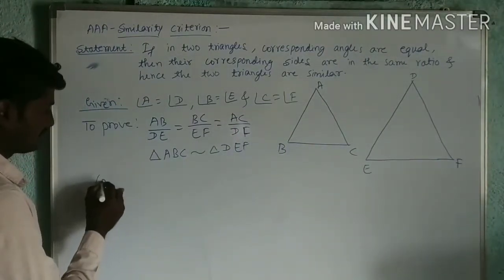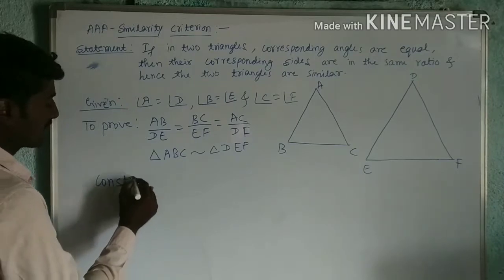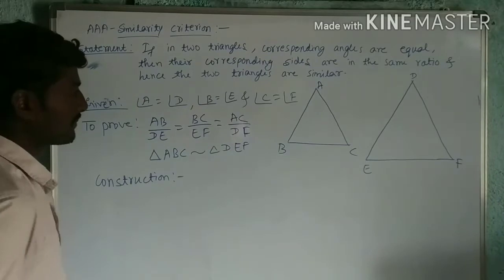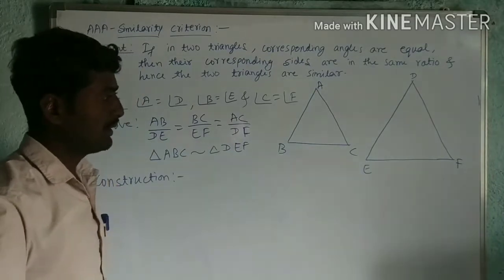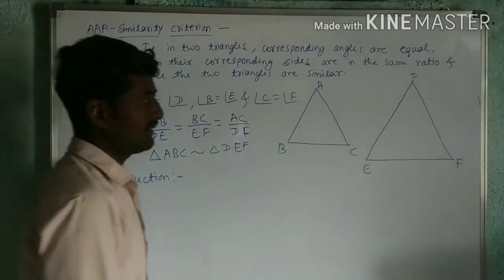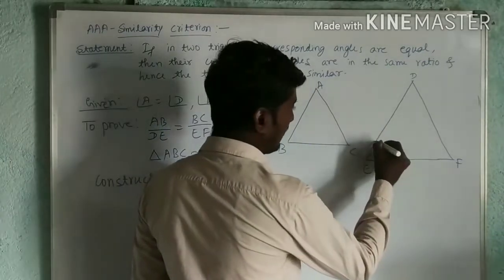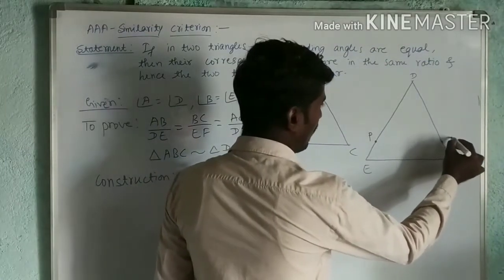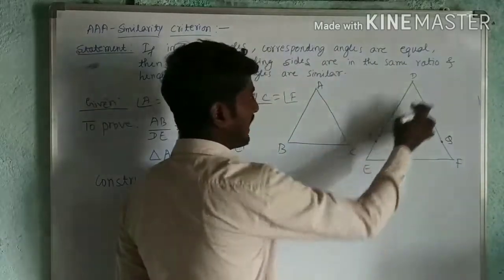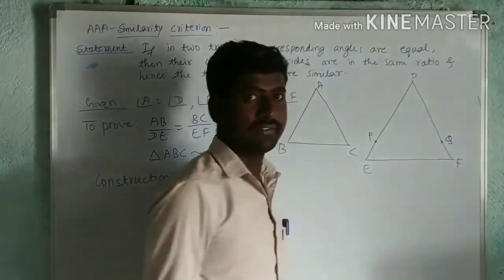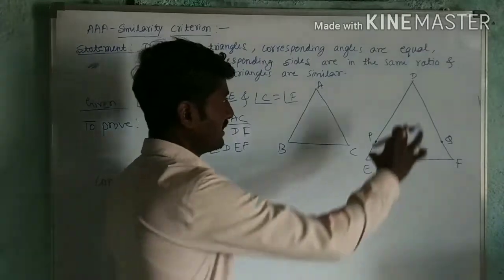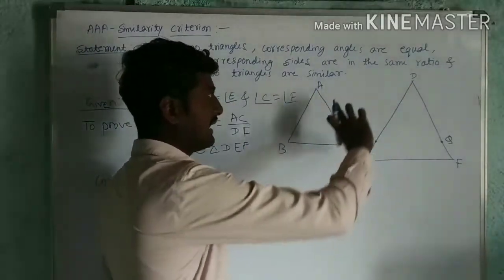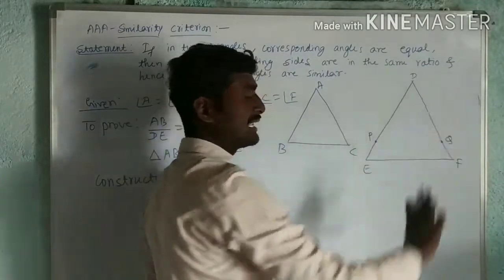Next, construction. Now here I'll take the points P and Q. I'll take two points P and Q on the sides DE and DF, such that DP is equal to AB and AC is equal to DQ.